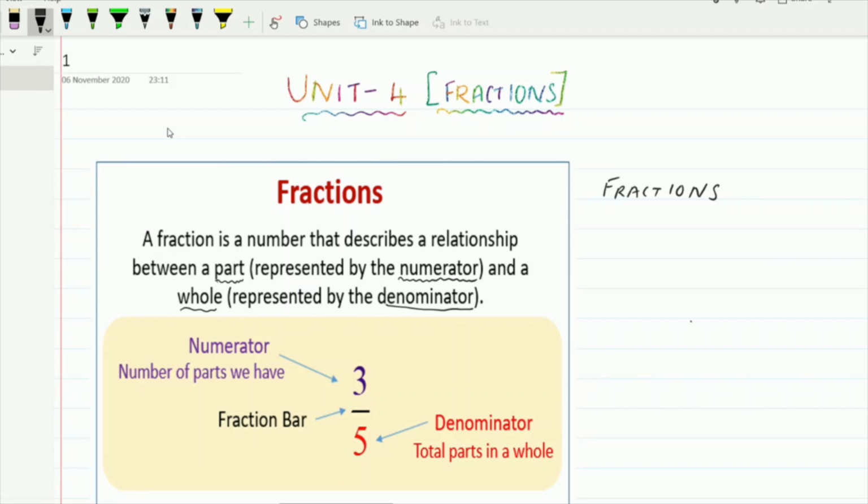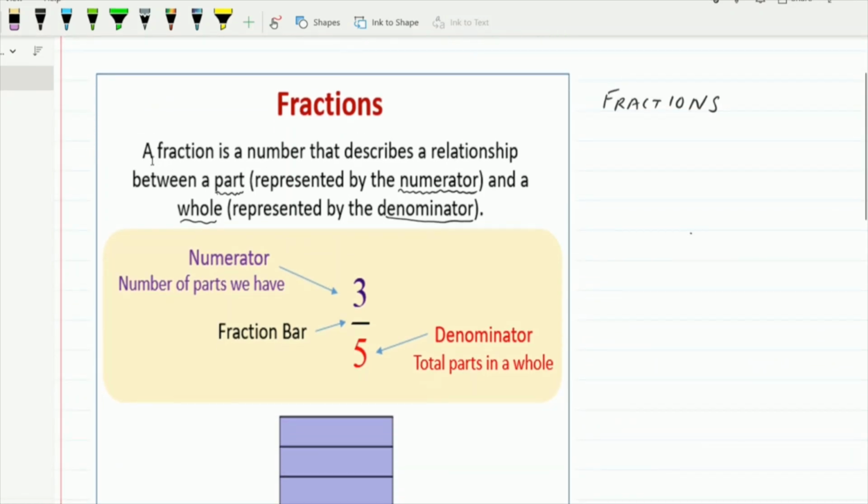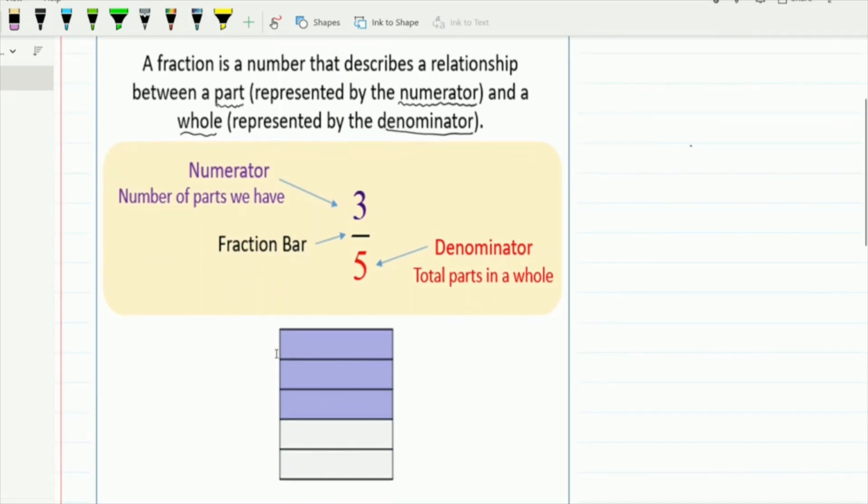According to our definition, 3 is the part we have selected. We can see a rectangular figure is given. That rectangular figure is divided into a total of 5 parts, 1, 2, 3, 4, 5, 5 equal parts.